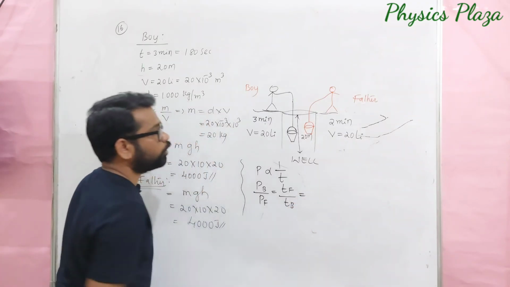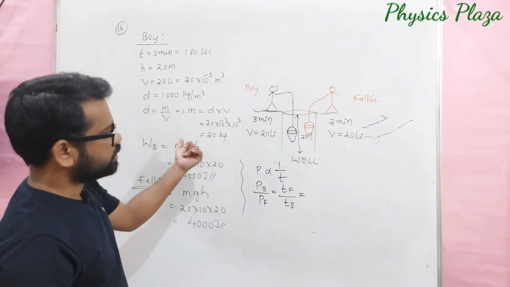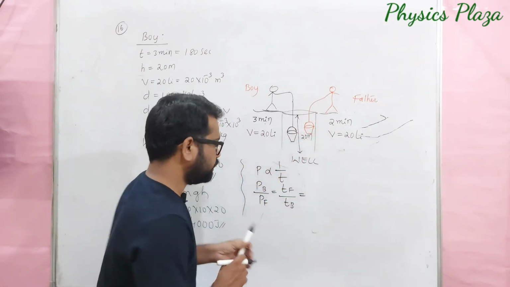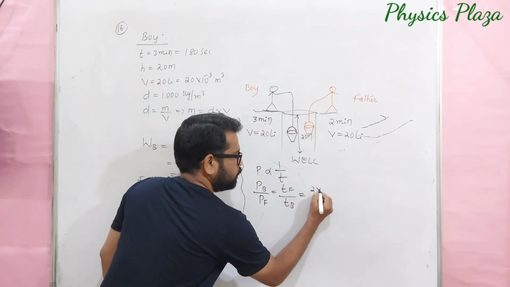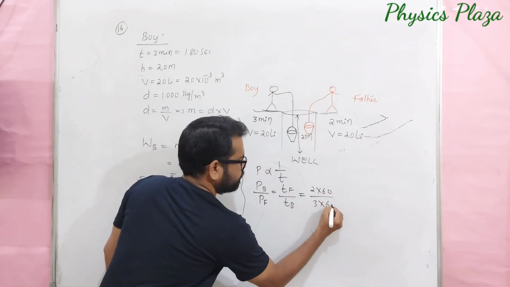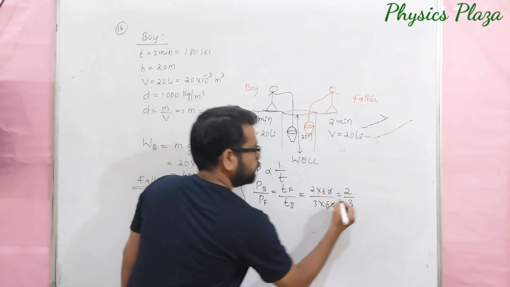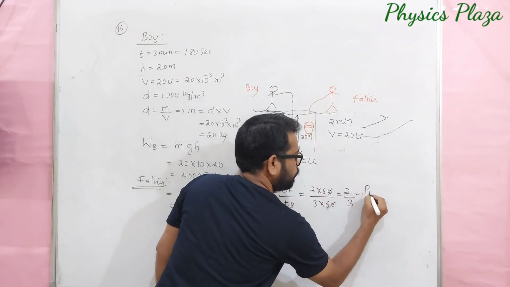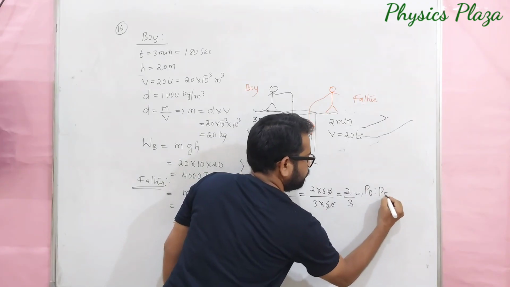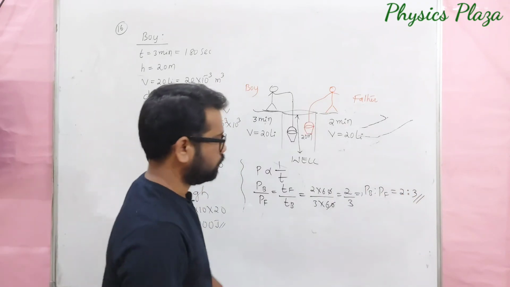The time taken by the father is 2 minutes, so 2 into 60 seconds by 3 into 60 seconds. Cancel, it is 2 by 3. So the ratio of power spent by the boy to the father is 2:3.